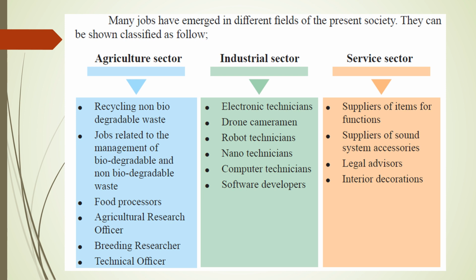Then you can become a legal advisor. And interior decorations, right? So nowadays, according to the changes, people are decorating their houses. So interior decorations in the houses or maybe in the offices, right?